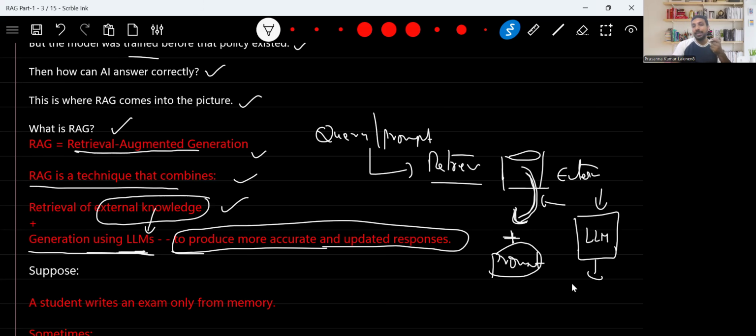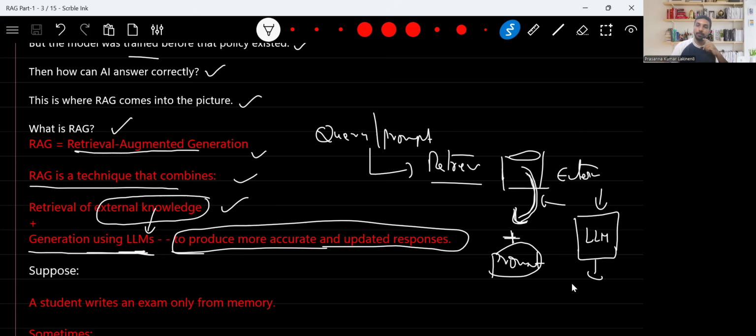You may think, why can't we update the LLM? It is very difficult to fine-tune an LLM. An LLM cannot be fine-tuned on an hourly or daily basis, because we need to train billions of parameters. It takes a lot of cost and time to fine-tune the LLM every time.